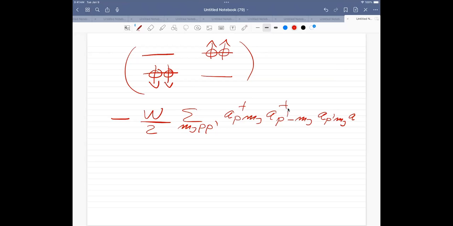Minus, exactly. And this should be a P, and it has a minus mj here, minus mj. What that means, if we now look at the same type of system, so we would start with a state which has a specific spin.